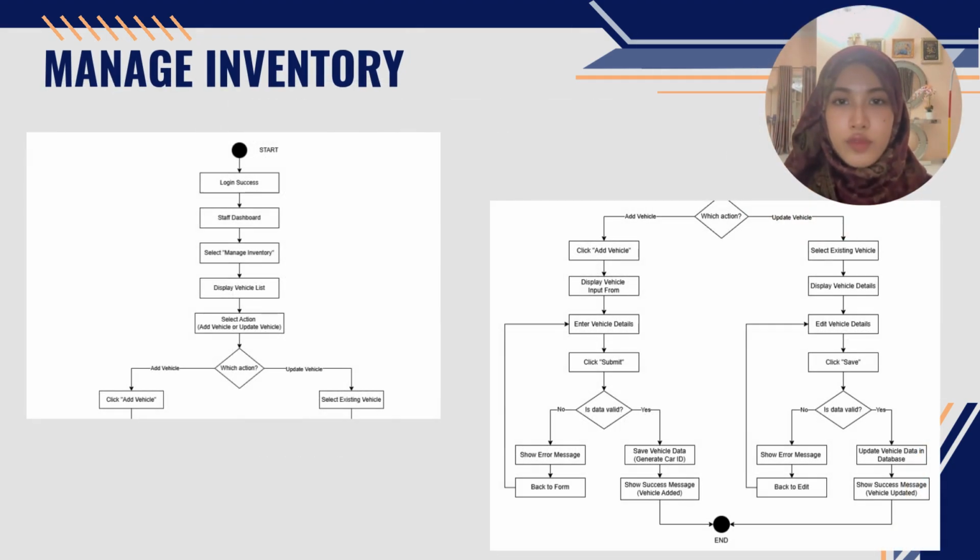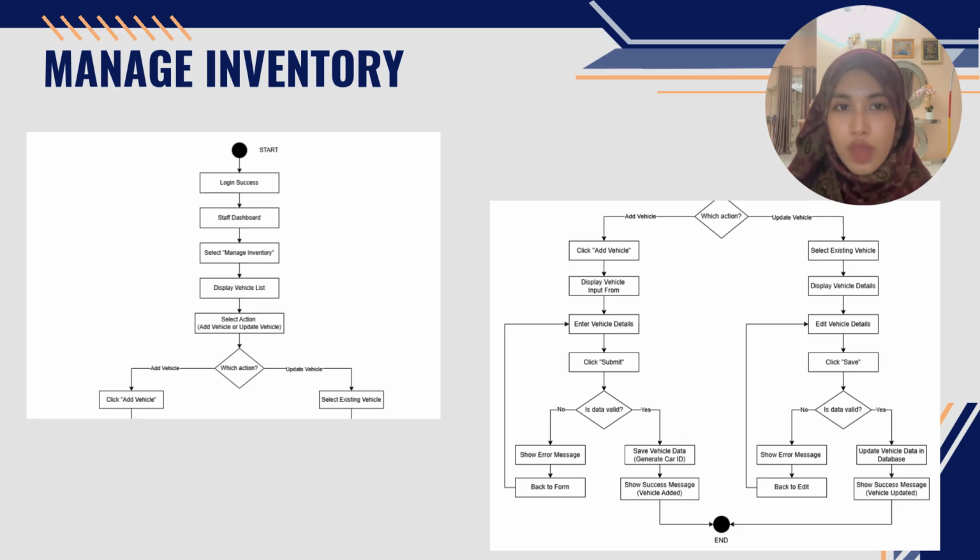Lastly, for the activity diagram, this diagram visually represents the overall workflow of the manage inventory module. The process starts from staff login and continues until the inventory operation is completed successfully. The diagram clearly shows the decision-making process where the staff choose either to add or update a vehicle.